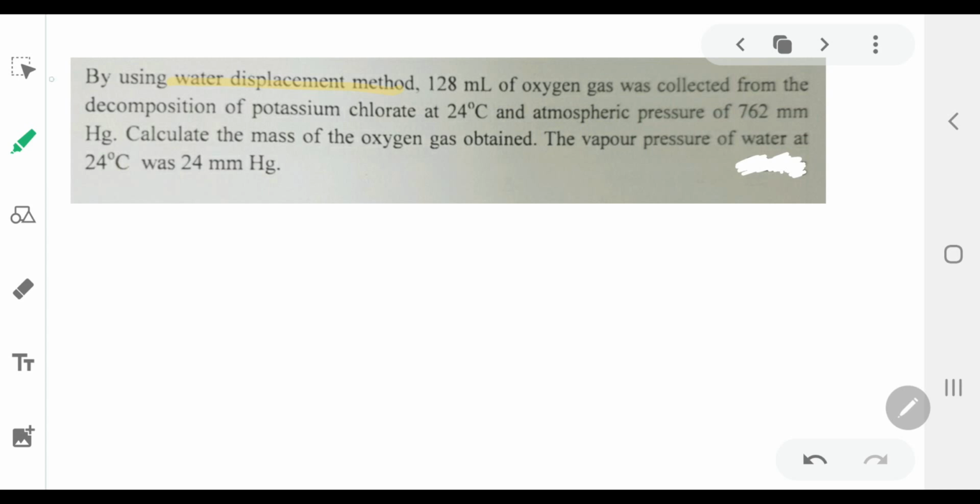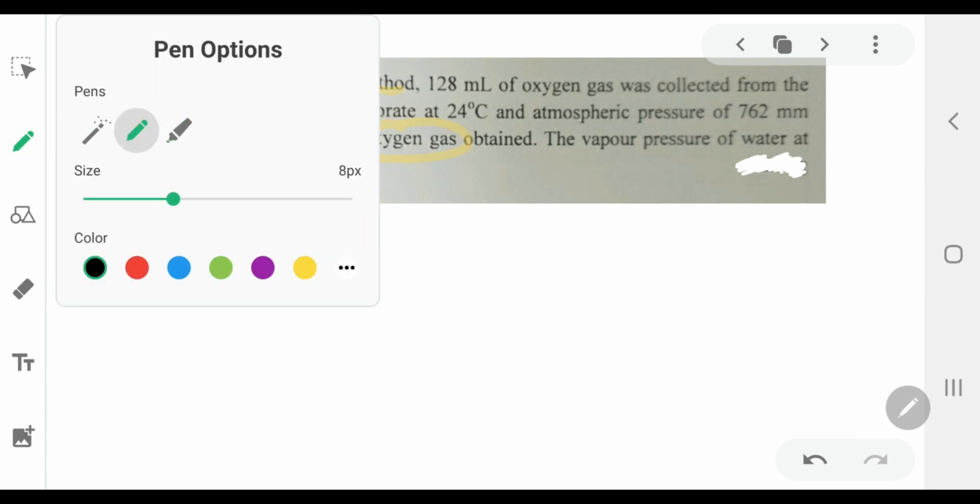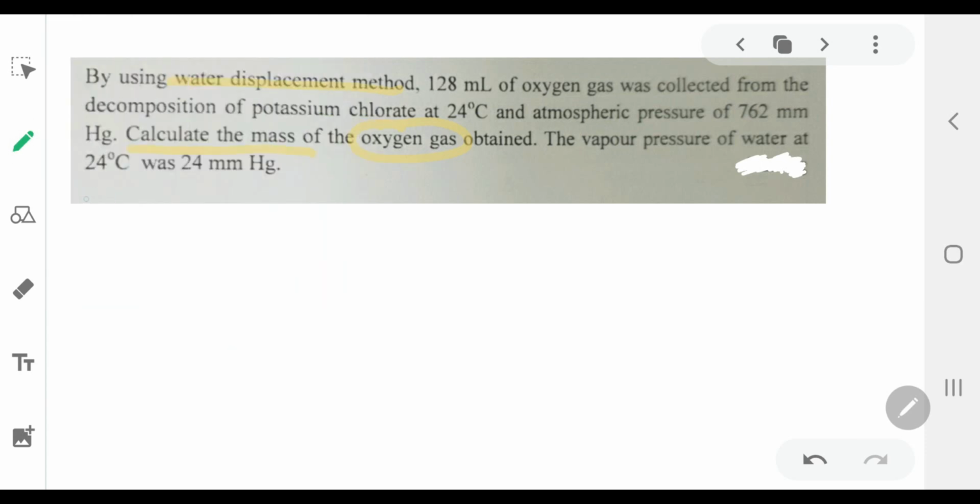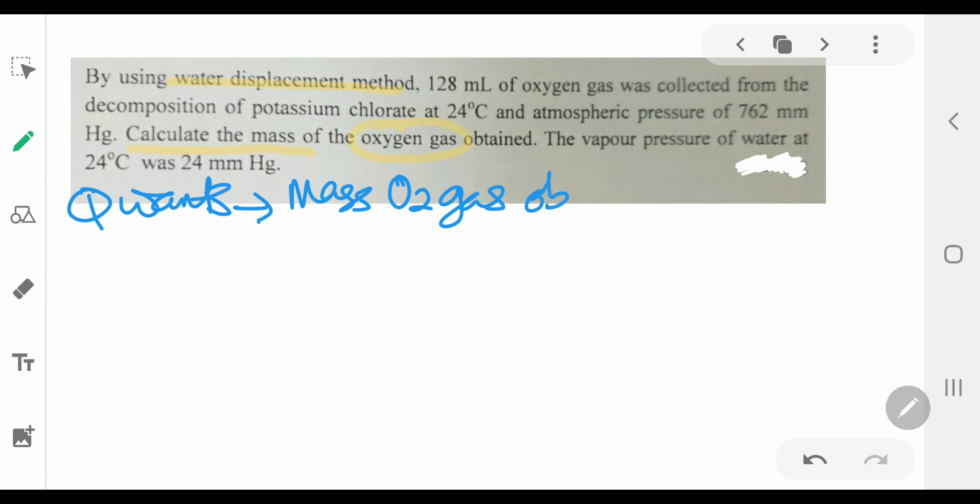Okay, so what we have over here, it wants you to find out this. You want to calculate the mass of oxygen gas being obtained. So that is what the question wants. So the question wants, okay, what is the mass of oxygen gas obtained?